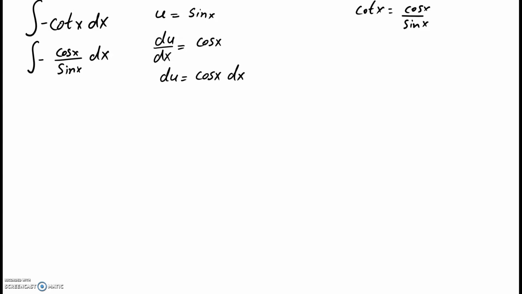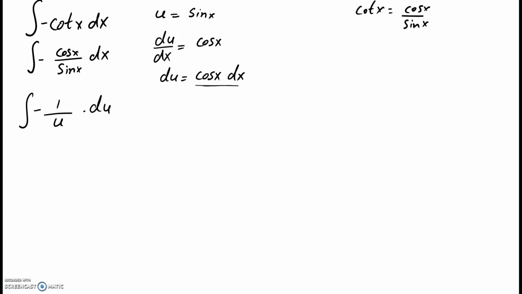Clear? Now cos x dx we replace with du, so the integration of negative stays the same, cos x dx changes into du, and 1 over sin x changes into 1 over u.